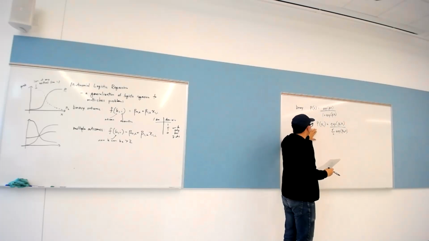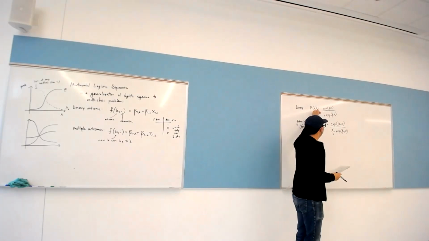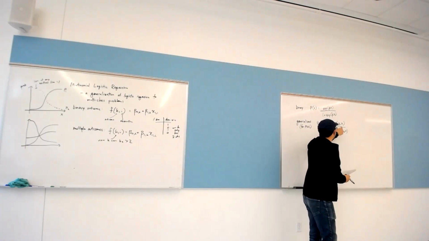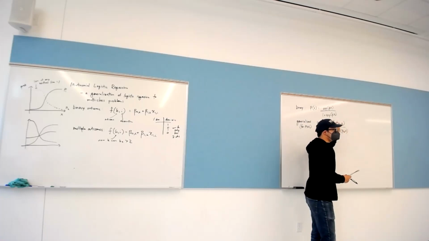Okay, so basically the idea here is very analogous to what's happening here. In the numerator, you're taking the exponentiation of your betas, all the betas corresponding to that particular outcome times your x's.